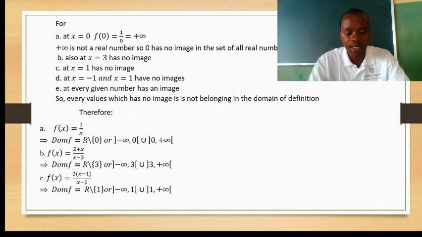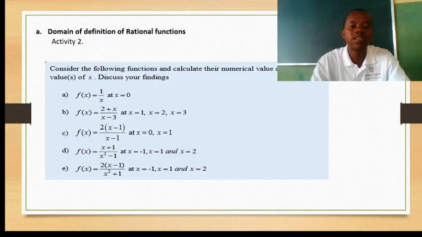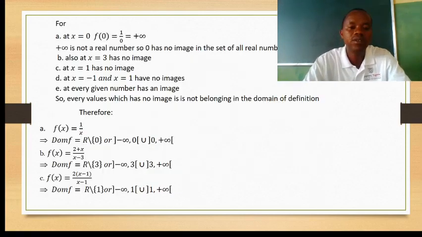For B, we are asked to calculate f of 1, f of 2, and f of 3, and then we think critically about the answer. You have seen that the other numbers have the image, but x equal to 3 has no image in the set of real numbers, meaning that you have gotten plus infinity.